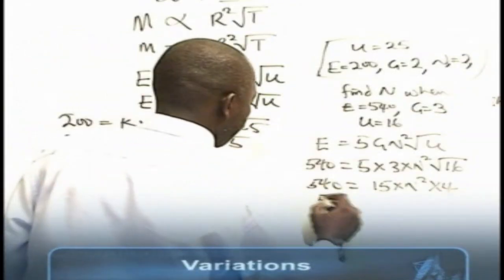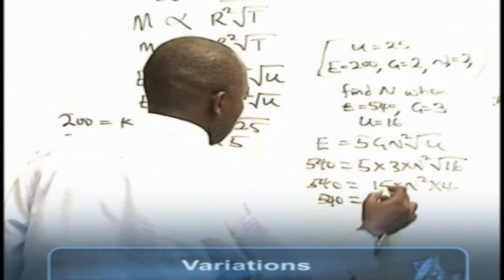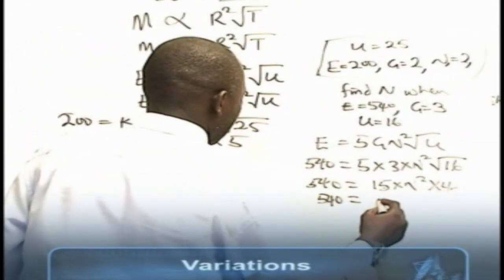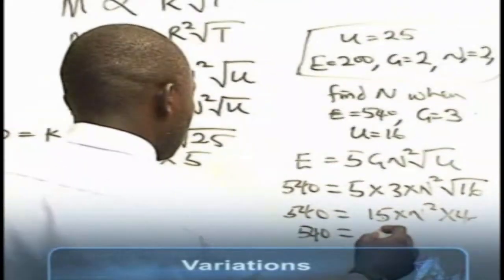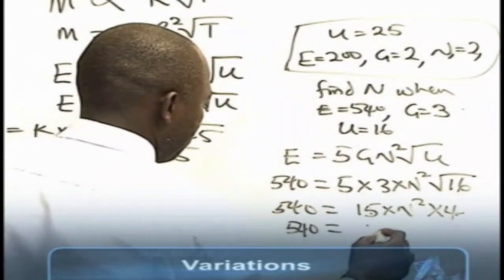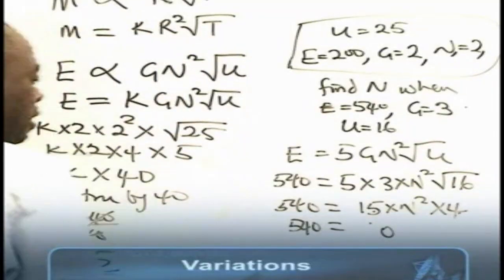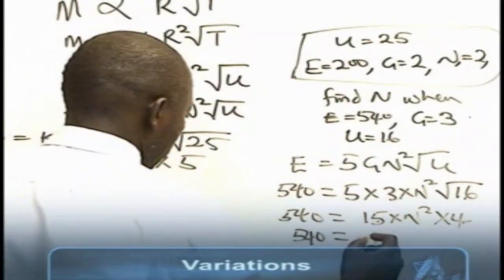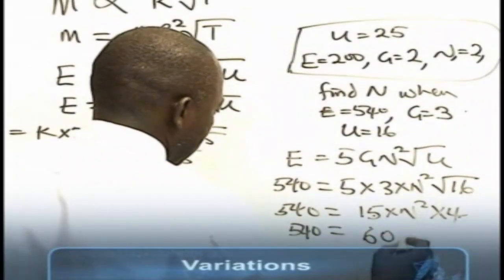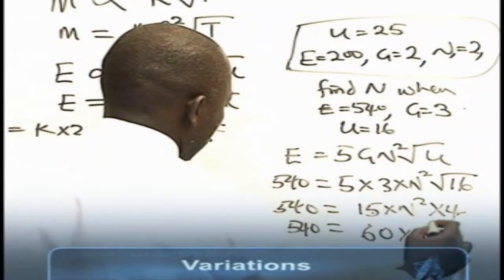Again, you have 540 on this side, multiply 15 and 4 together, 4 times 5 is 20, write 0 carry 2, 4 times 1, 4 plus 2, you have 60 N squared.